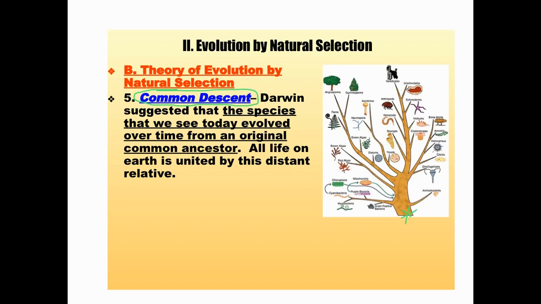And from that single organism, all life has adapted and branched off into all the organisms we see today and all the organisms that have gone extinct, like the dinosaurs. So he believed, and according to the theory, that all life on Earth is related to a single common ancestor that lived about 3.7, 3.8 billion years ago.